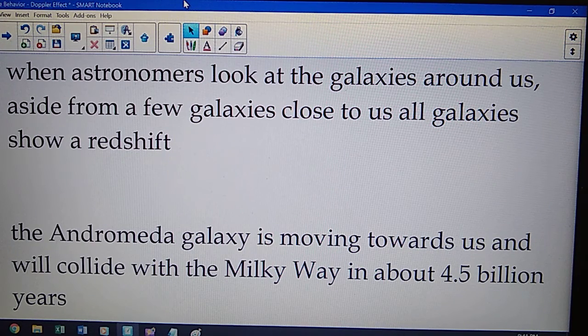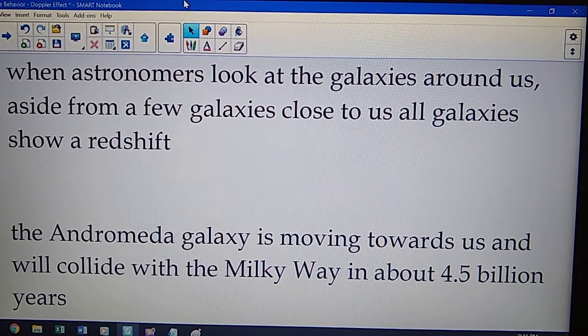However, not all galaxies are moving away from us. If you look at the Andromeda galaxy, which is within our local cluster, it actually looks like it's moving towards us. We can see that by looking at the blue shift of its light. And we can say that in about 4.5 billion years, it actually will collide with our galaxy.